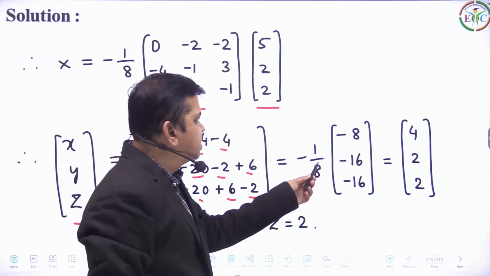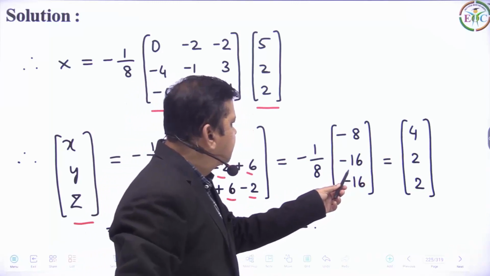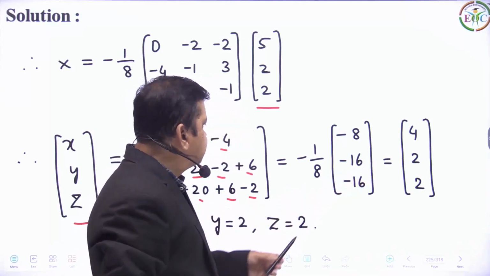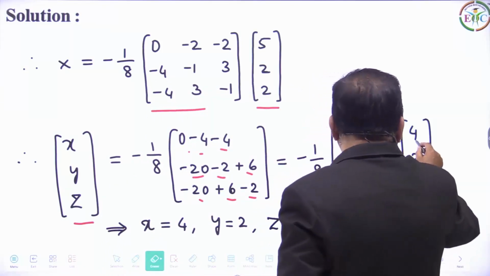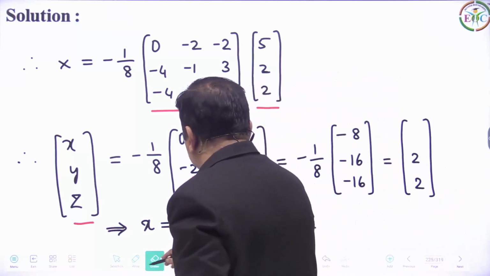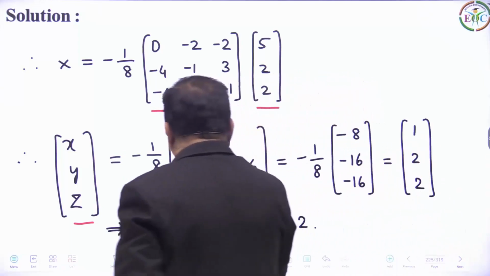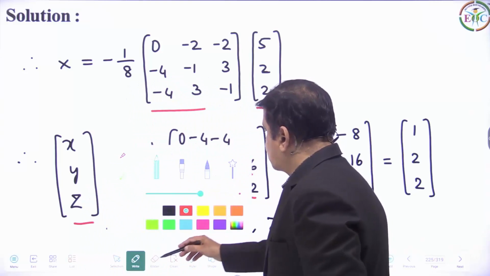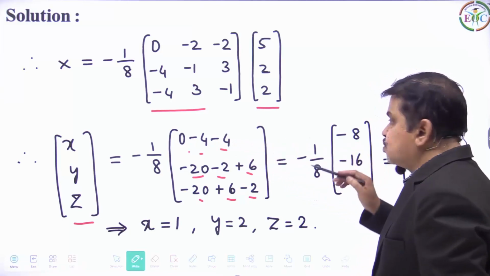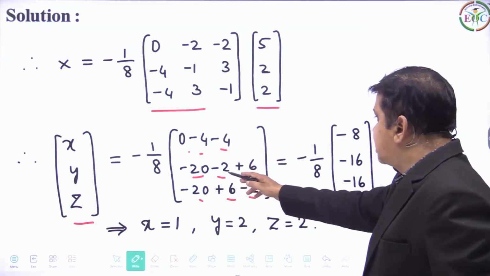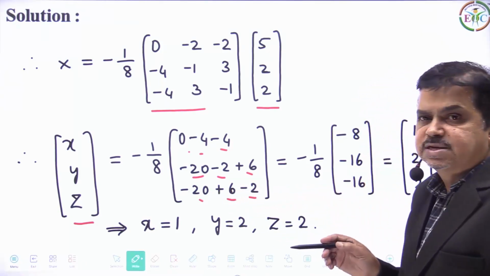On further simplification, since 8 is a factor of all these three elements, we have minus 4 equal to minus 8, minus 20 minus 2 plus 6 equal to minus 16, and minus 20 plus 6 minus 2 equal to minus 16.